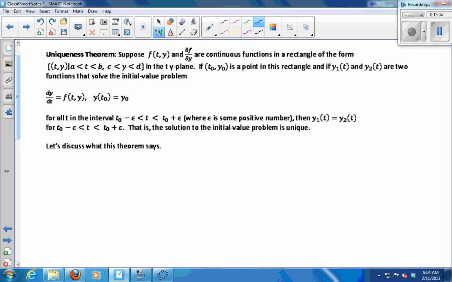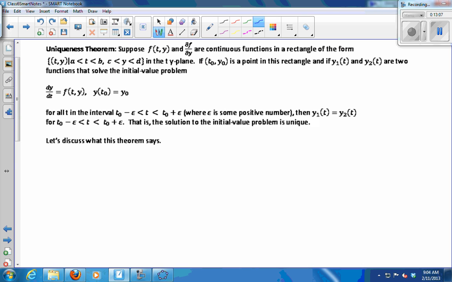I'll draw it out. So again, we have a rectangle.